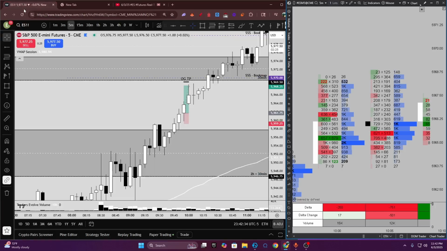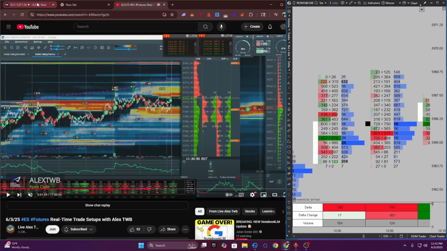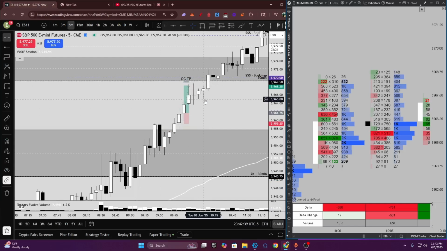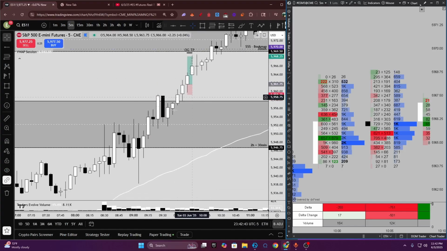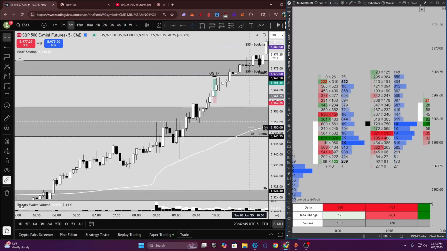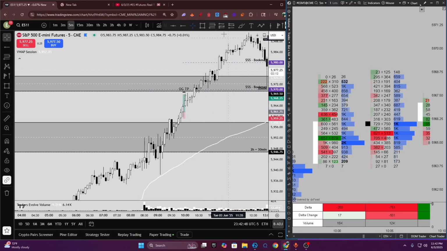So the only setup really that I noticed personally is this one right here, and we were actually able to execute off of that. The rest of the day, no setups that really would have worked if we were disciplined. And today we were. So that is the overall context of the market here today, with a live order flow rundown alongside context that allowed me to make this trade here today.